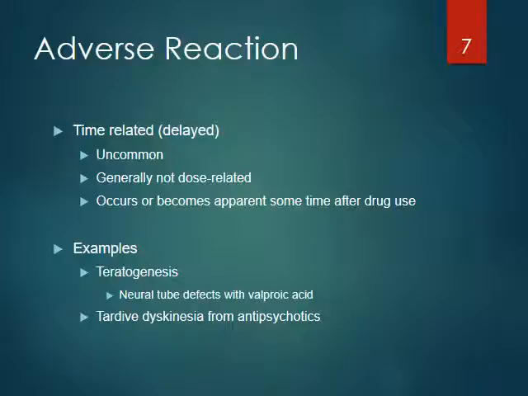So either use medications that are safer for a fetus, or make sure that people are using appropriate protection in order to prevent that from occurring. With something like tardive dyskinesia with antipsychotics, you can use a different class of medications, something like a second-generation antipsychotic, in order to help prevent this from occurring with more chronic use.